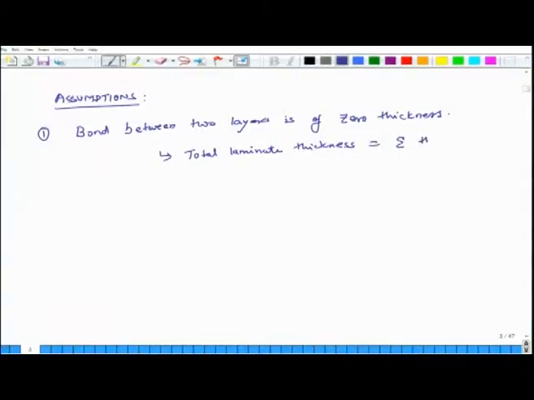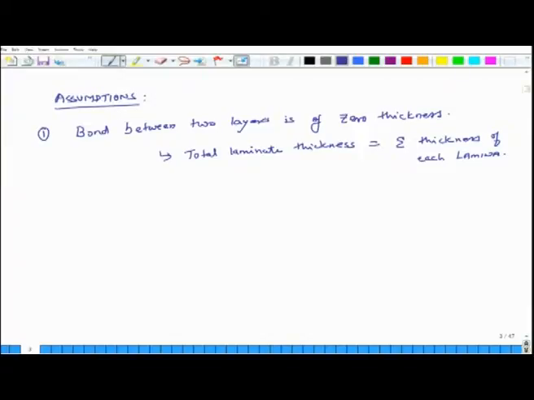What that means is that the total laminate thickness equals the sum of the thickness of each layer, each lamina. So, we do not have to worry about the thickness of the bond between two layers.